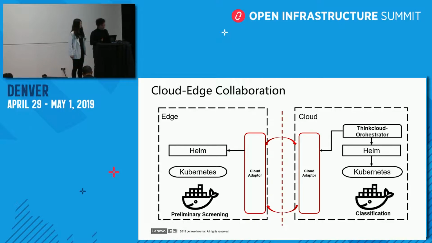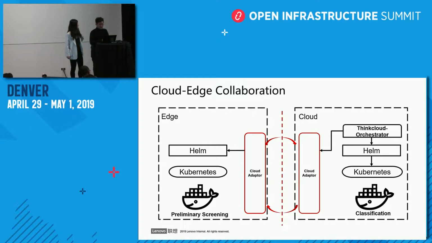Medical analysis applications need to be deployed in both the cloud and the edge to support business requirements. We deploy the classification application in the cloud Kubernetes through the helm-based orchestration tool ThinkCloud Orchestrator.